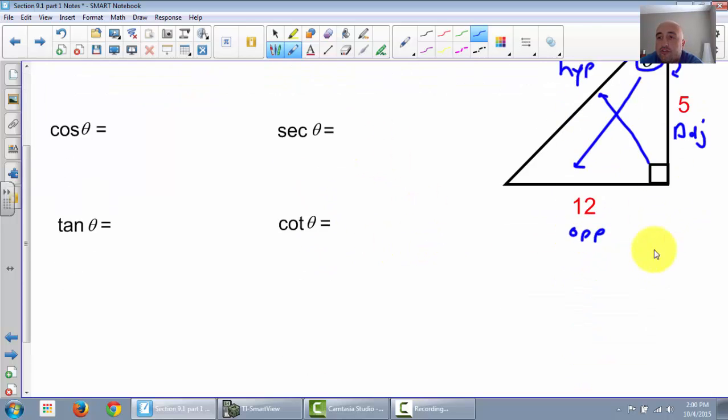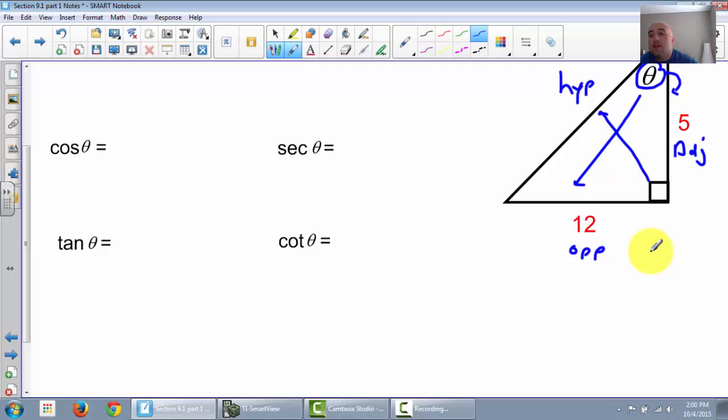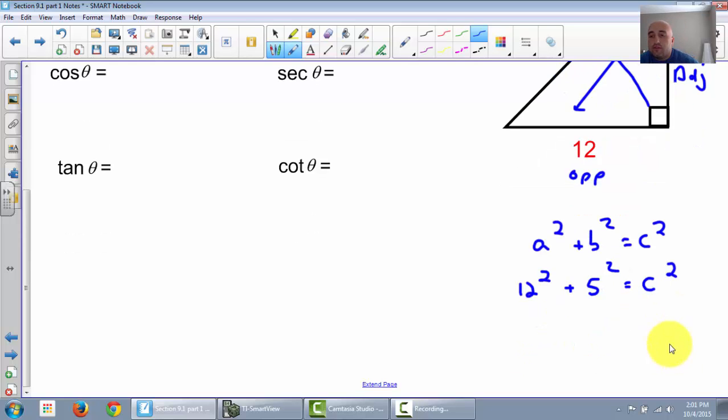So to find the hypotenuse, we use the Pythagorean theorem. Remember that a squared plus b squared equals c squared. So the 2 legs squared is equal to the hypotenuse squared. So we have 12 squared plus my other leg, 5 squared, should equal our hypotenuse squared. We have 144 plus 25 is equal to c squared. 144 plus 25 is 169, which equals c squared.